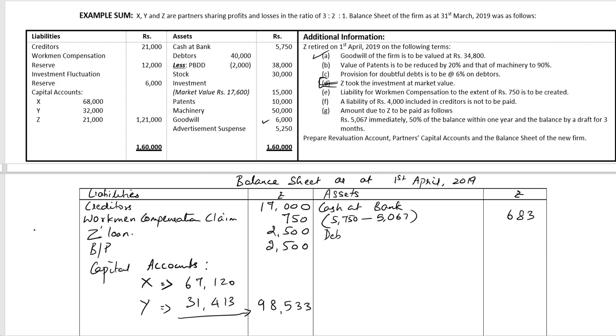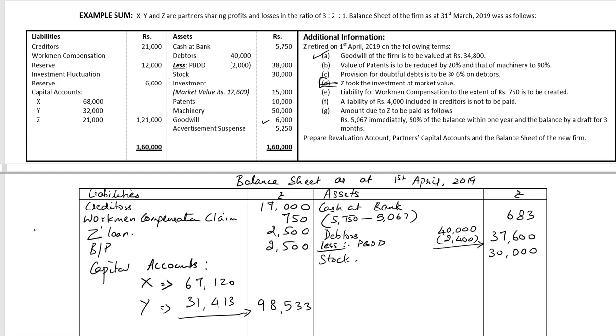Debtors, original figure was 40,000 rupees less the provision. The provision was to be 6% on debtors, so it was 2,400 that we created. This comes up to 37,600 in the outer column. Stock, there is no change in value, 30,000 rupees.